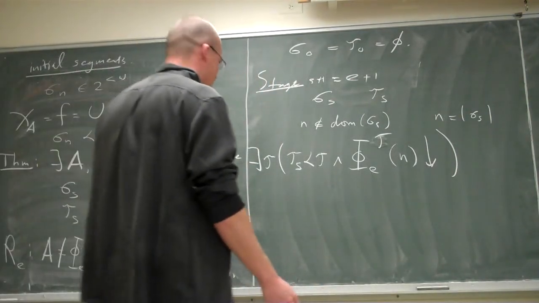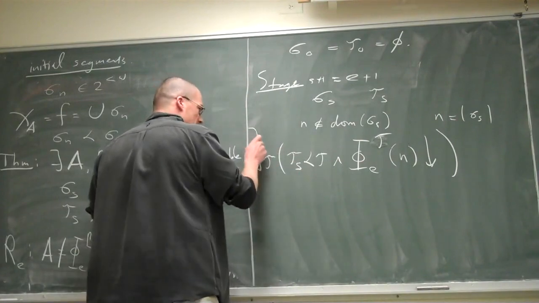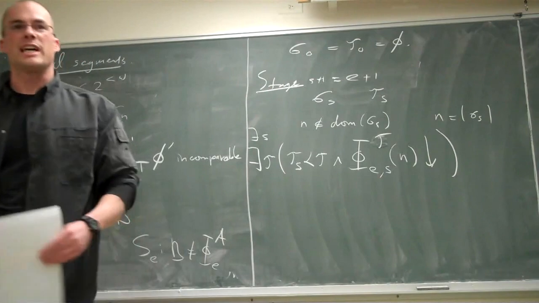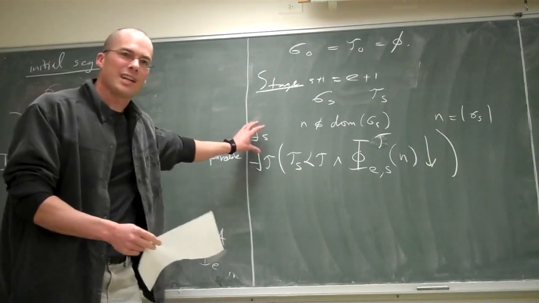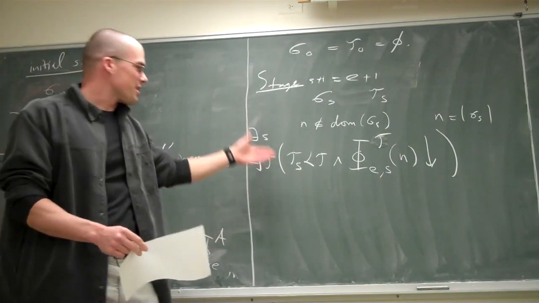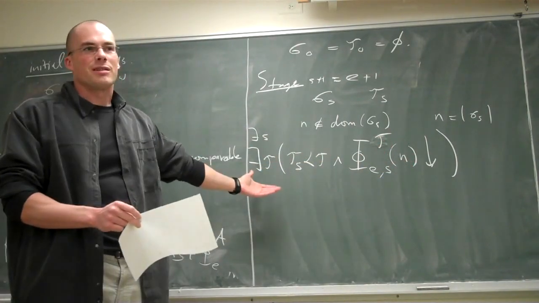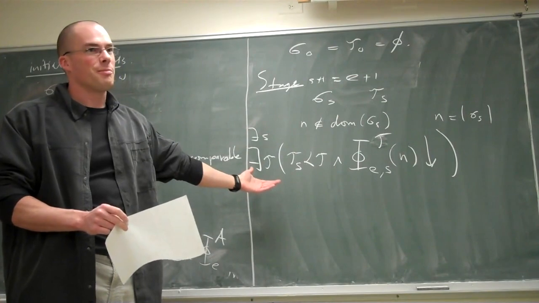And now for complete explicitness I should put in here, does there exist an s such that it converges in s steps? Because now we clearly have existential quantifiers over something computable. So this is a question that the zero jump can decide.